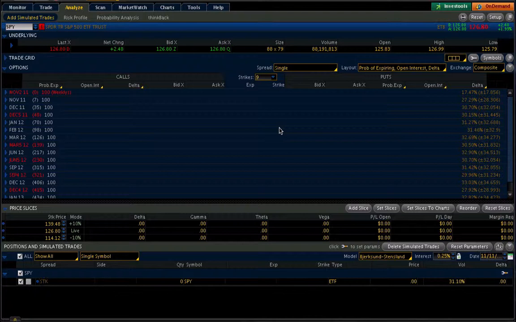So with that, what are options? It's a contract that is sold by one trader, the option writer, to another trader, the option holder. The contract gives the buyer the right but not the obligation to buy or sell the security at the agreed price. The agreed price is the strike price.